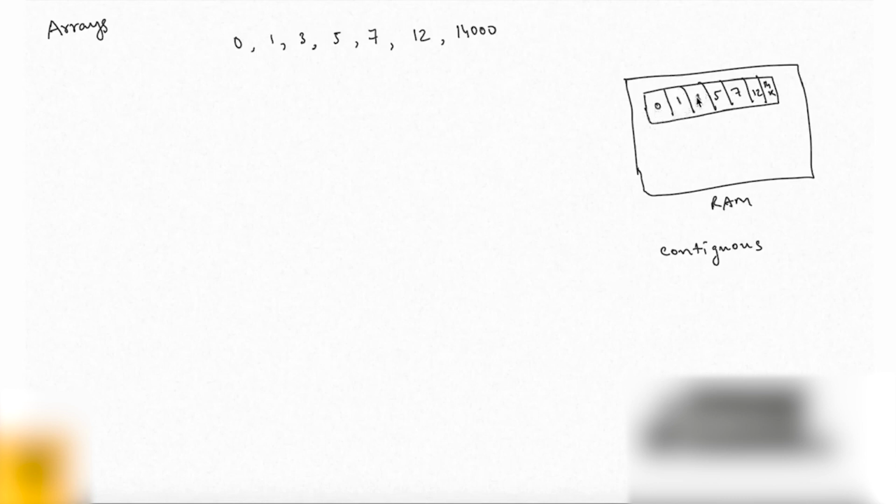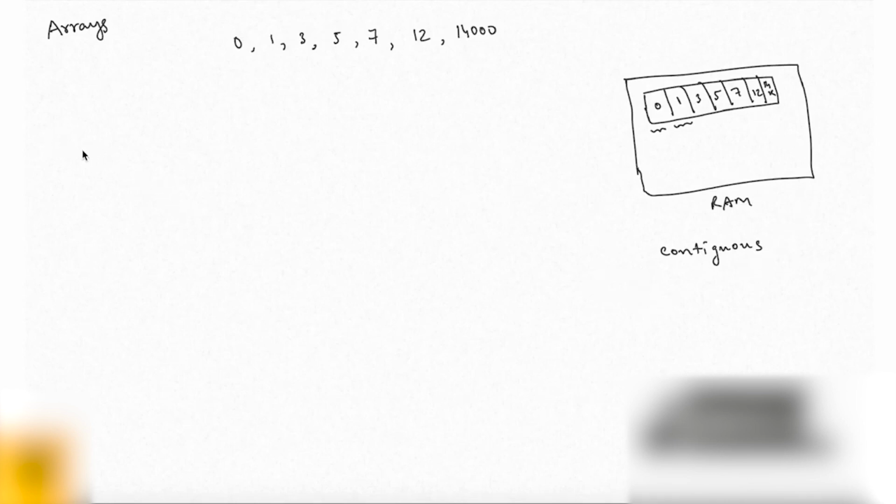The very next memory location, 3 would be stored. Of course, these memory locations can be larger or smaller based on how large the number itself is, but ultimately wherever 0 would end, 1 would start, and that is what we mean by contiguous. So this is how an array is stored in memory.